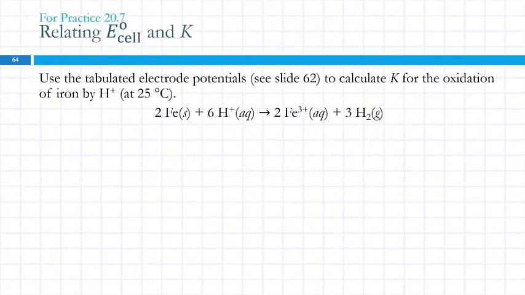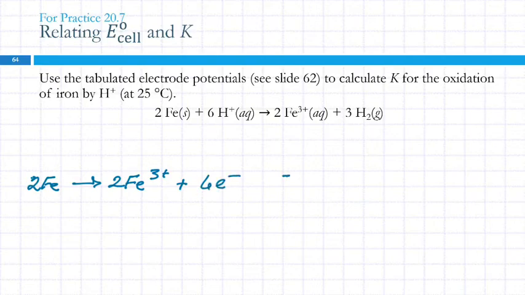So if we look up these half reactions, here we've got 2 Fe going to 2 Fe 3 plus plus 6 electrons. As a reduction, that's negative 0.036 volts. But here it's an oxidation, and so I'm changing the sign.